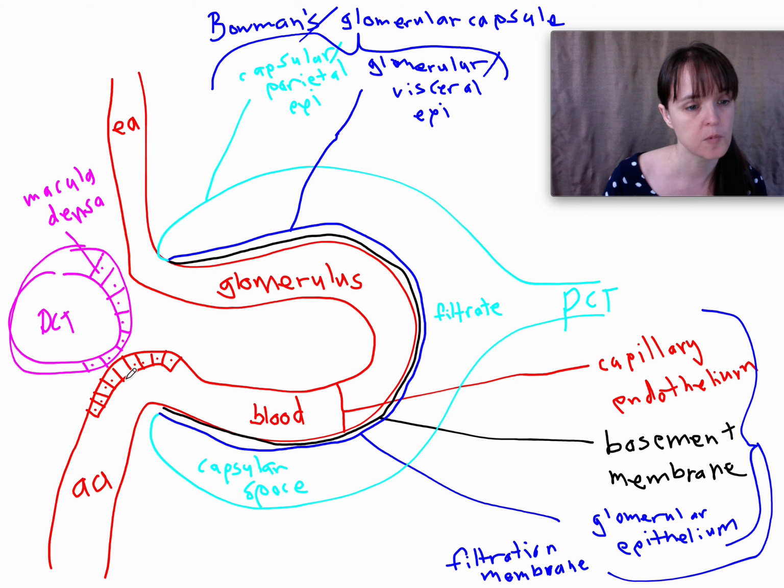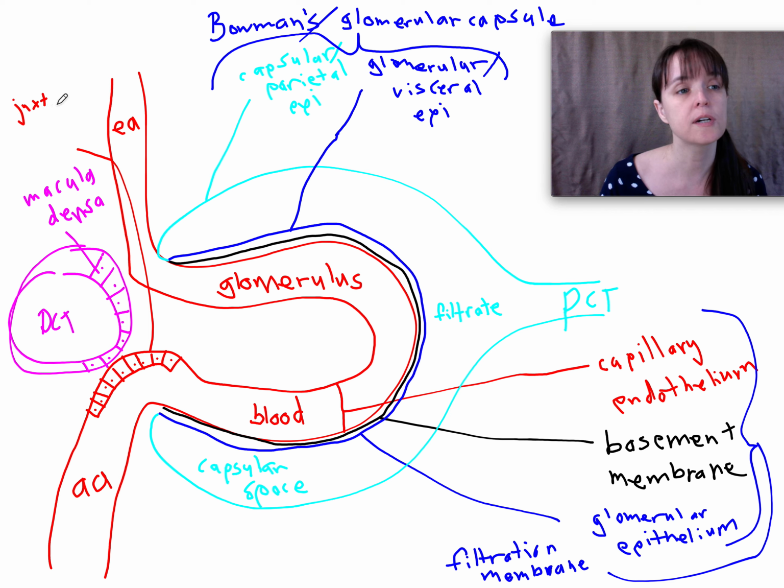There you go, one more. And then these cells are the juxtaglomerular cells. Juxta here we can use to mean just next to it. These cells are just next to the glomerulus.